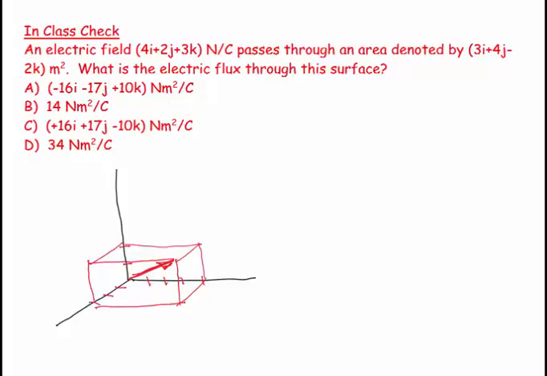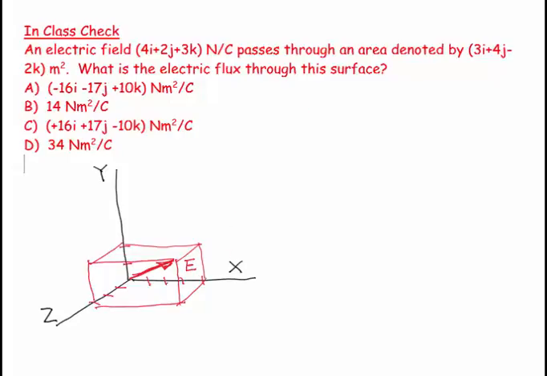Let me remind us that that is our X, that is our Y, and that is our Z. Let me put in that that's my electric field vector, so this is E.